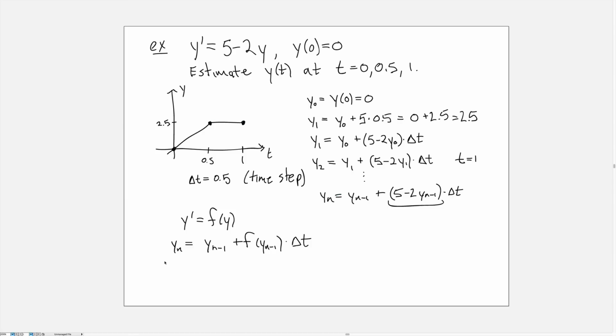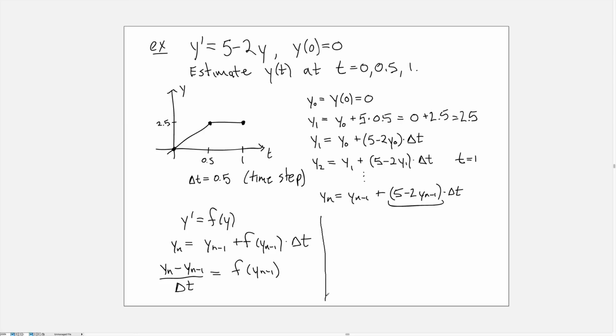And the reason for that is if you rewrite this as yn minus yn minus 1, by bringing this over to this side, divide by delta t, you could see that the left-hand side of this is approximately the derivative, and the right-hand side is f evaluated at the y value, which is a discrete version of y prime. This is before you took the limit as delta t or h went to 0. So if I take delta t smaller and smaller, it becomes more and more like y prime.